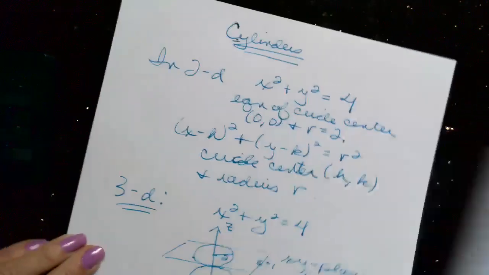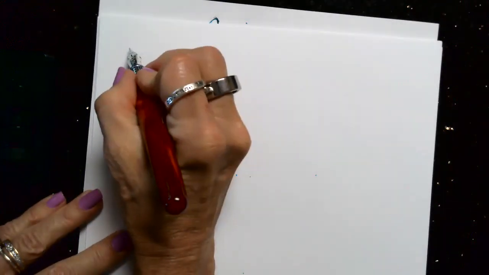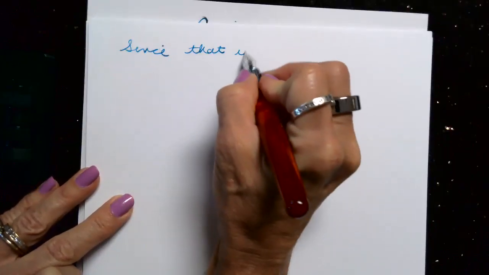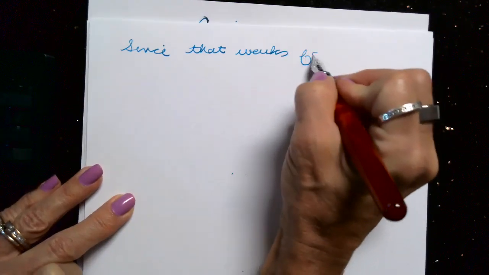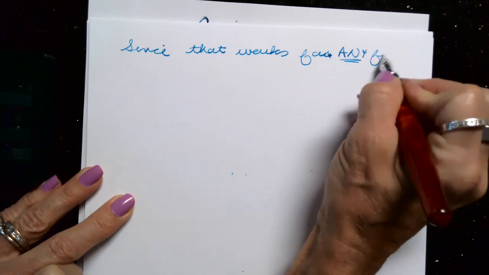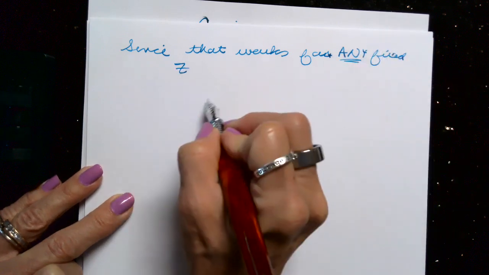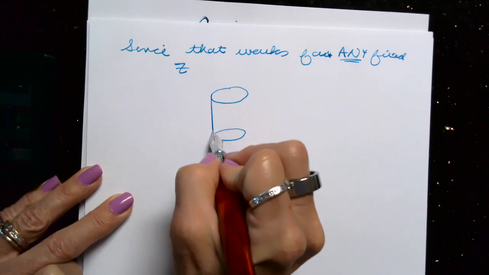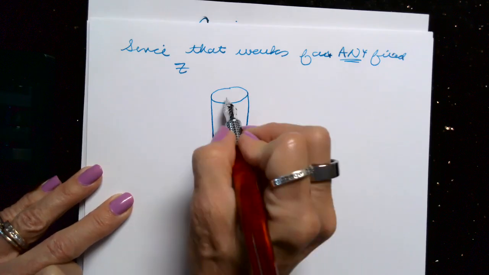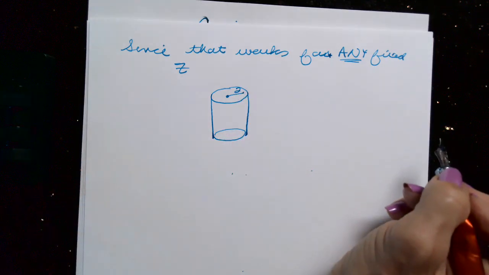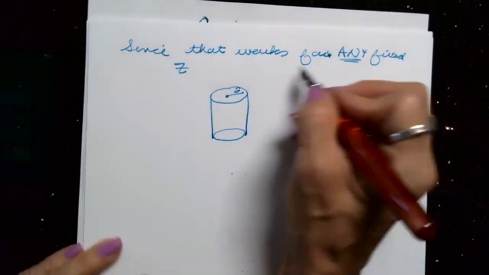And so, in other words, if you stack them all together, since that works for any z, what you get is a circular cylinder, because you're basically stacking circle upon circle. Each one has radius 2, and it's a continuous thing. Doesn't matter what z is.